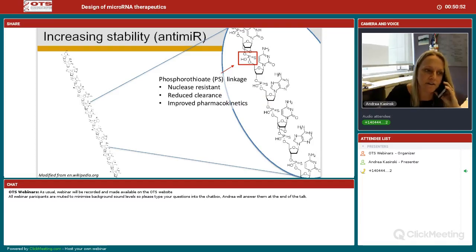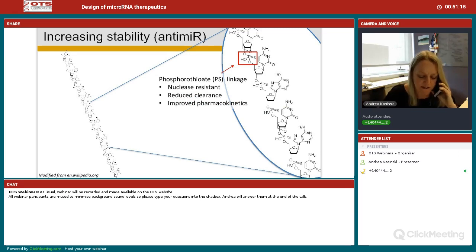So if these molecules are delivered in the absence of a delivery vehicle, i.e. naked or free in circulation, they tend to get cleared rapidly due to their small size. So the fact that the PS modified oligos have an affinity for a plasma protein helps to reduce their clearance, and therefore you get improved pharmacokinetics.